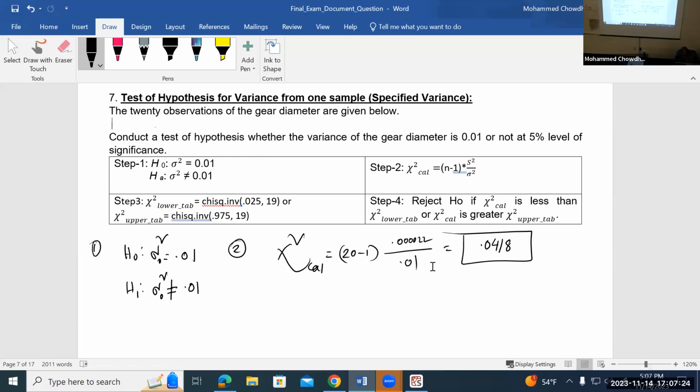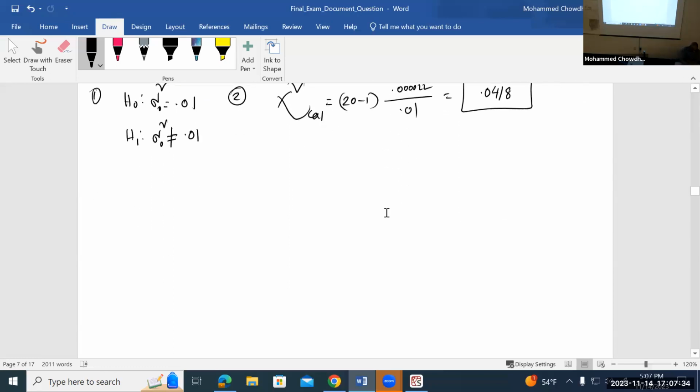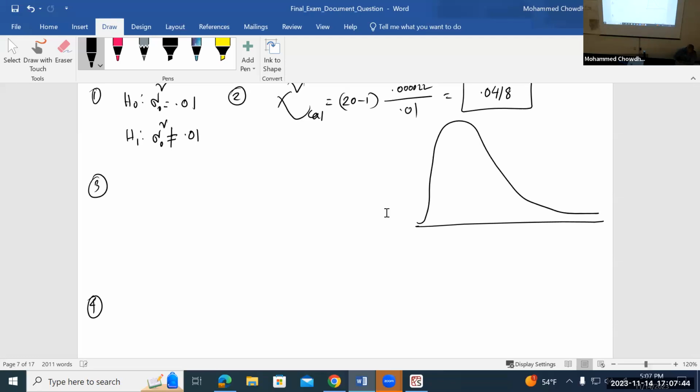Okay. Now I want to find the calculated value. Now, before that, I have to give you an explanation for step number 3 and step number 4. This is the chi-square distribution, okay?